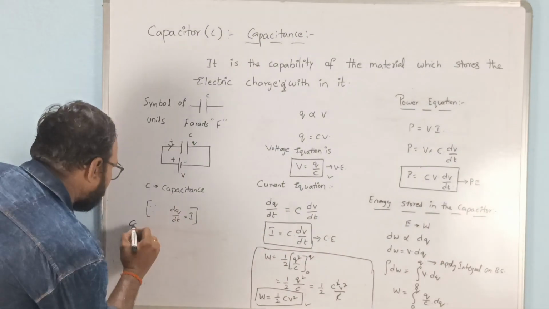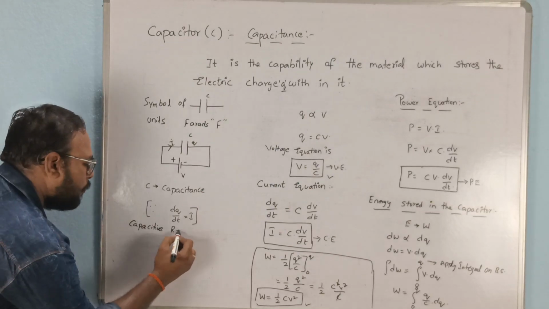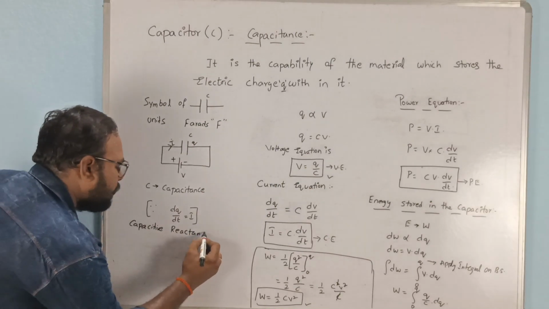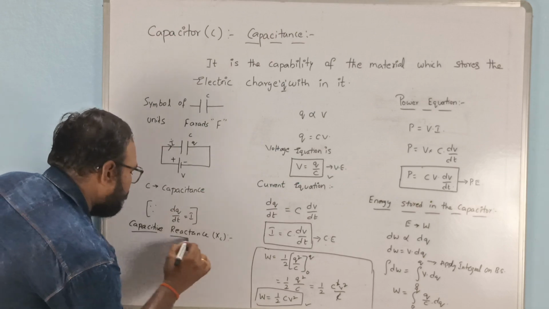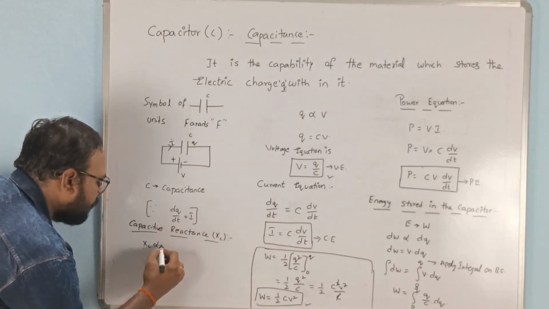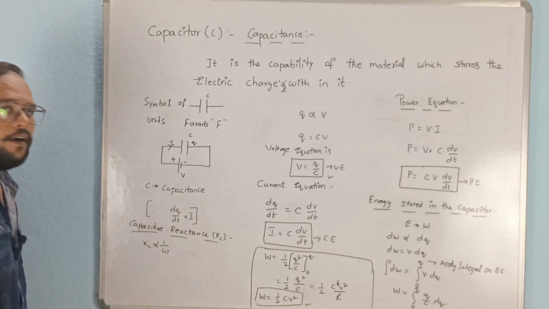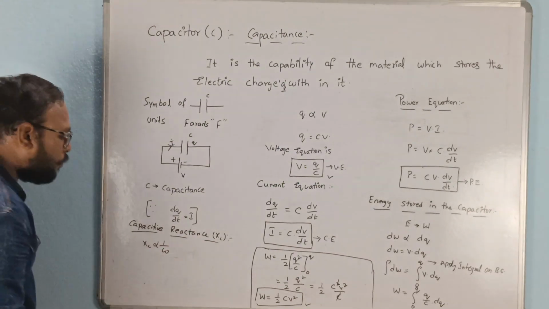Capacitive reactance, XC. We know that XC is inversely proportional to omega, that is, proportional to 1 by omega.